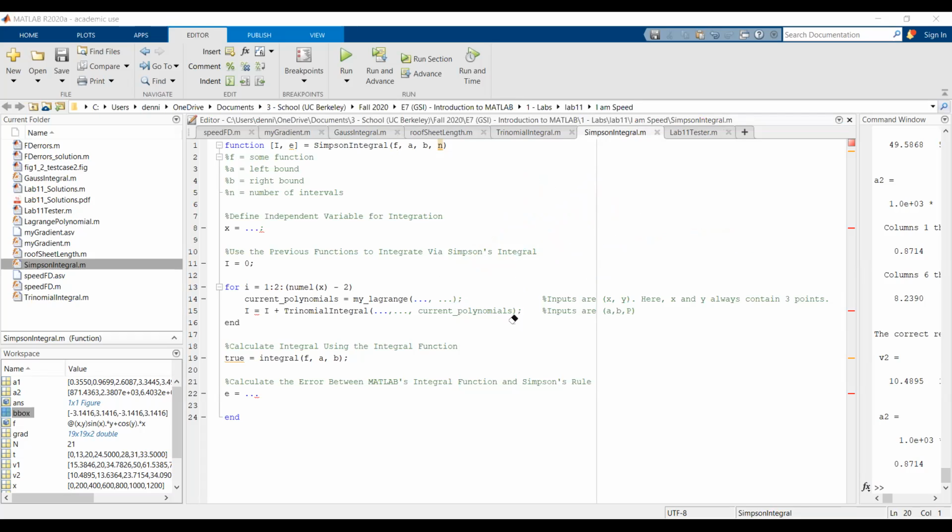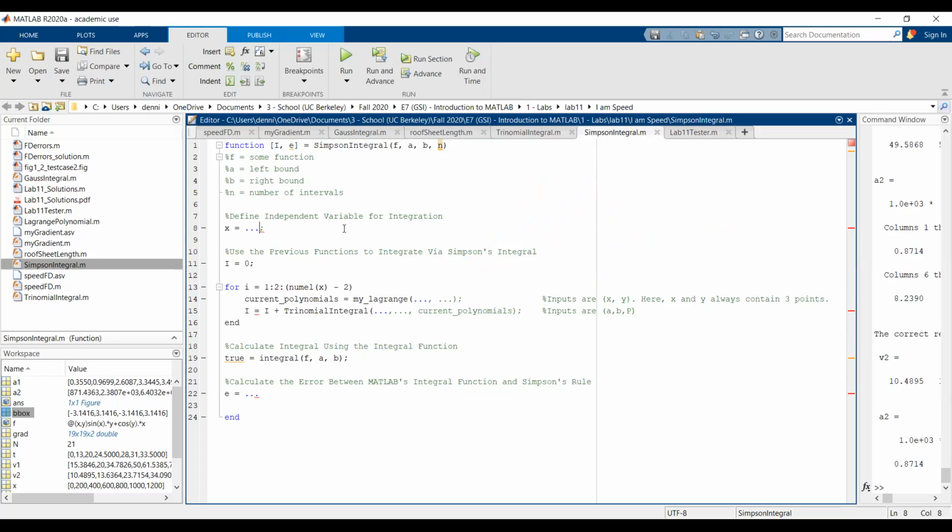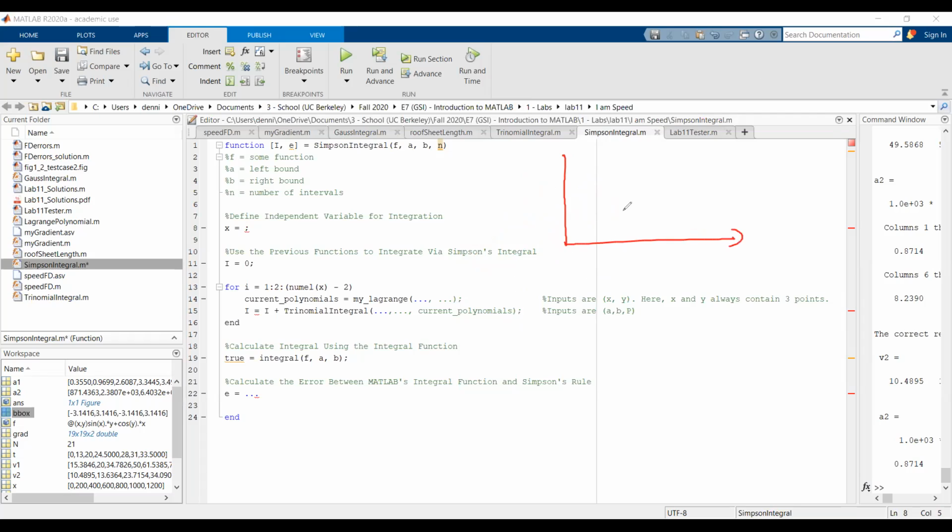Okay, Simpson's integral. This one's interesting. Let me draw it out. Some function, as I stated before, like that.